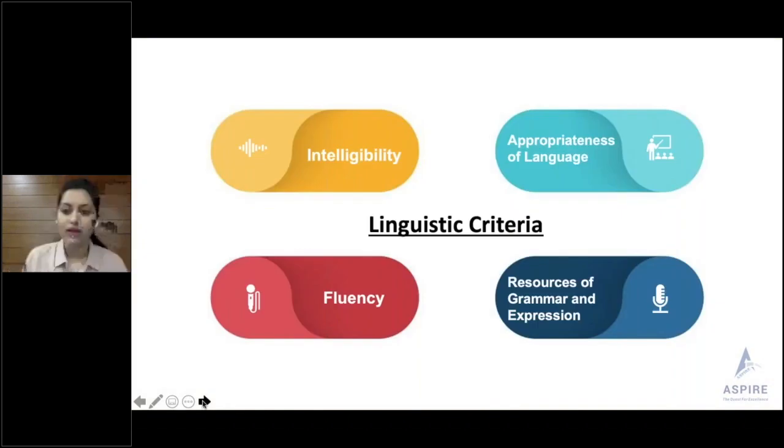So what does the linguistic criteria contain? Intelligibility, appropriateness of language, resources of grammar and expression, and your fluency. In the next few slides, we will go into the details of these.